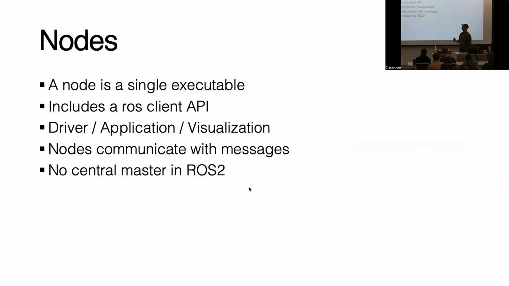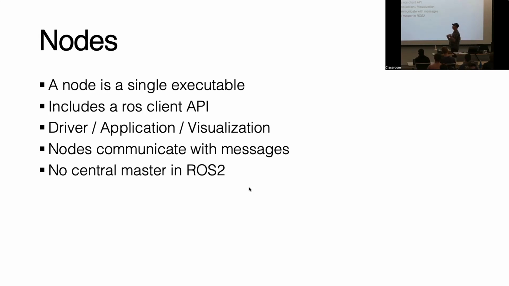All right, so a node is a single unit of execution. Right? It's a single executable. It includes that client API that lets it be ROS. And the idea is that a node could be a driver, something that communicates with hardware and then publishes messages about what the hardware is. Maybe it's a sensor, what the sensor is reading. That node could be a visualization node. It receives messages and then formats them in a way to display them to the user.